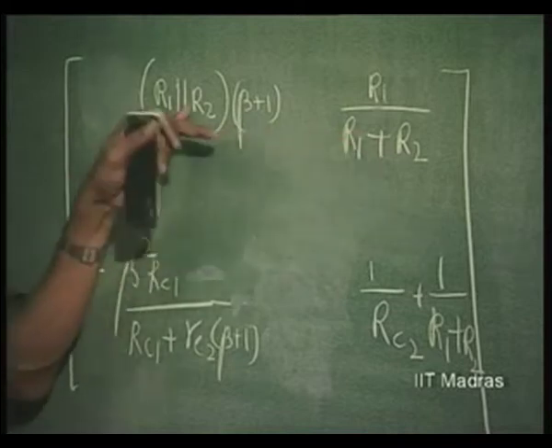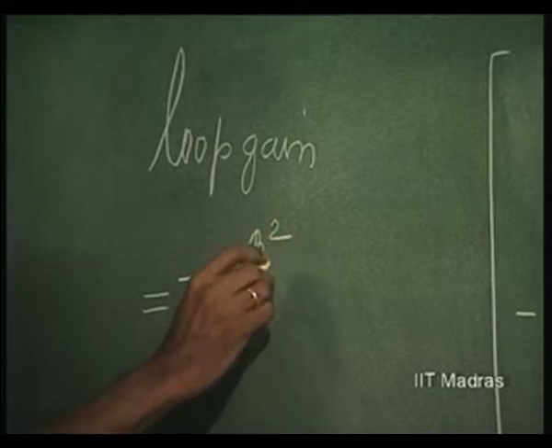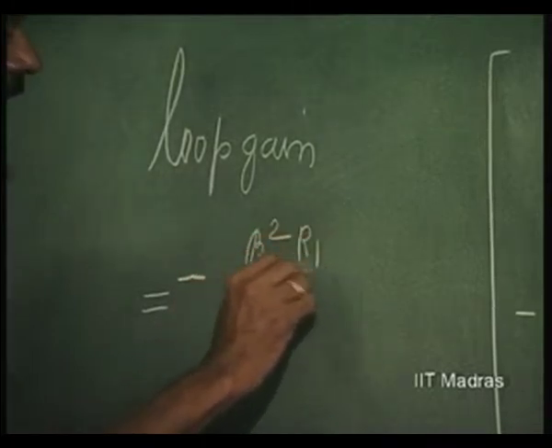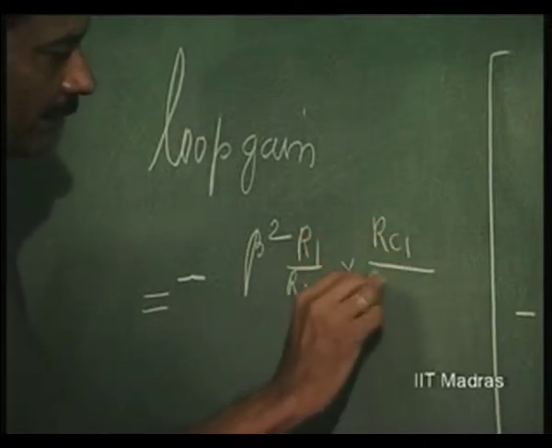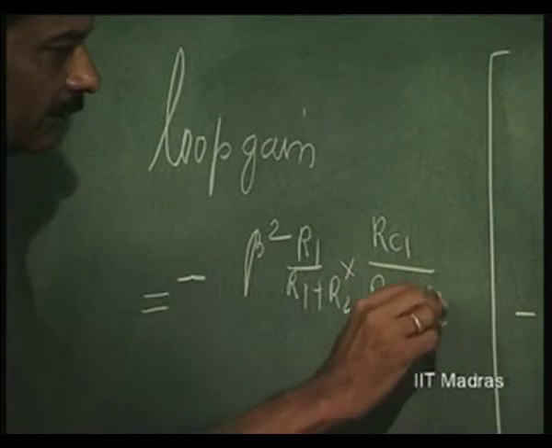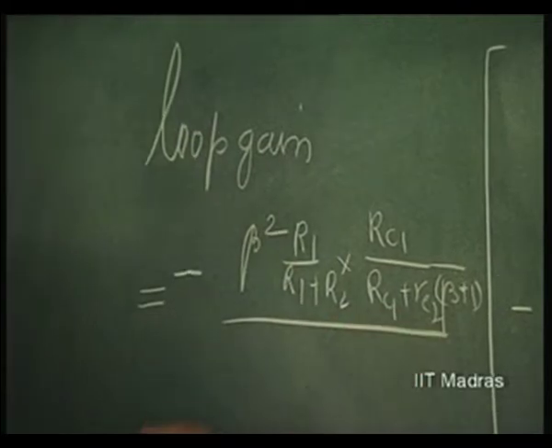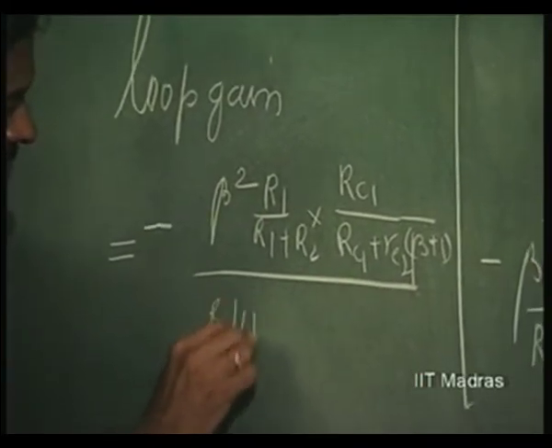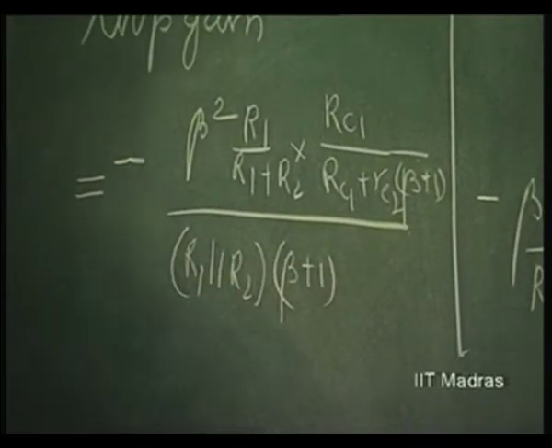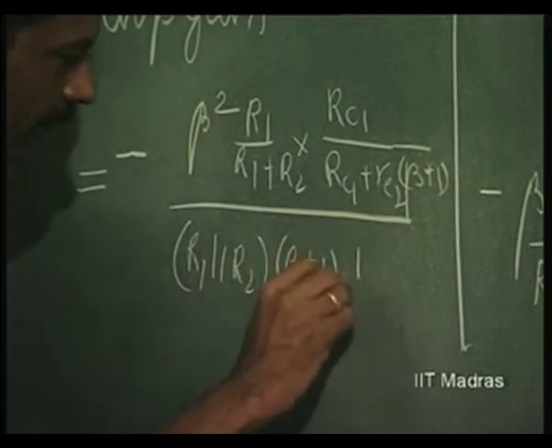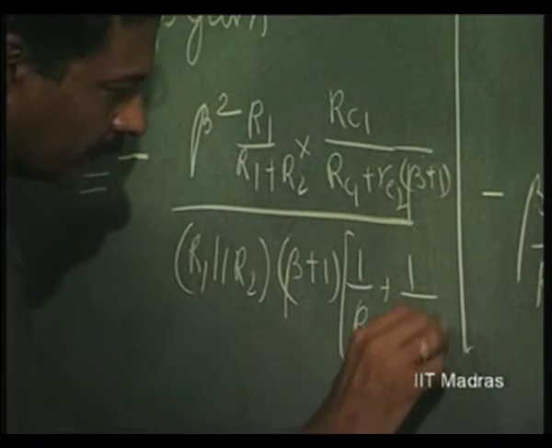This into this divided by this into this is the loop gain. So minus beta squared into R1 by R1 plus R2 into RC1 by RC1 plus RE2 into beta plus 1, divided by R1 parallel R2 into beta plus 1, into 1 over RC2 plus 1 over R1 plus R2.